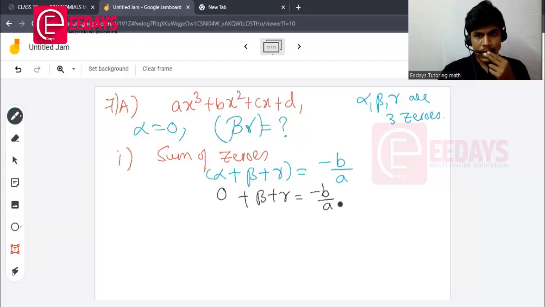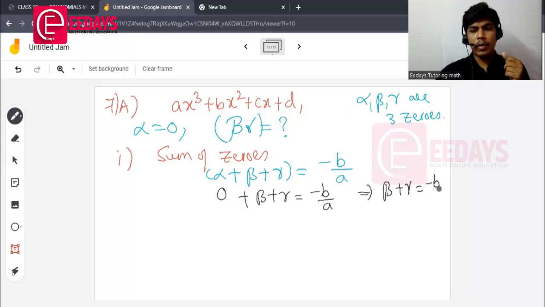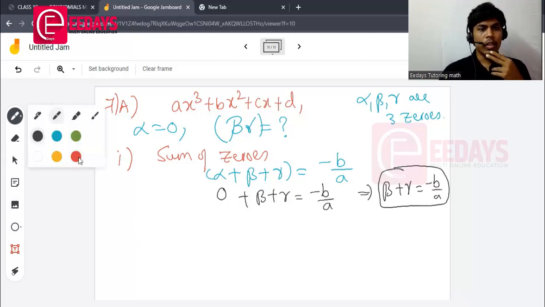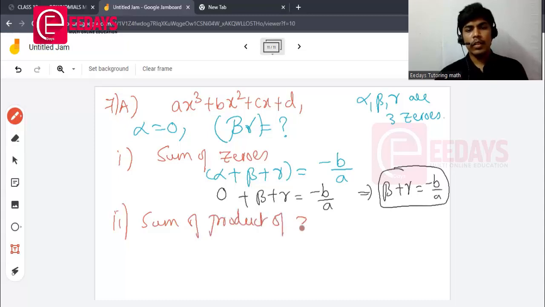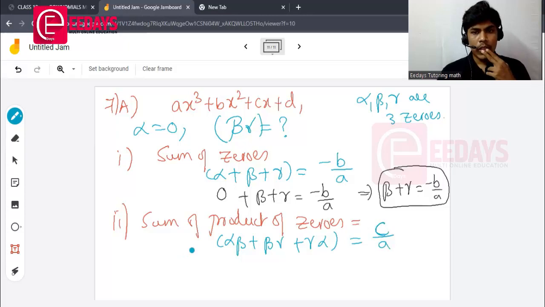Is there any other method? Let's see. Beta plus gamma is minus b by a; keep this to one side. And the sum of product of zeros: alpha beta plus beta gamma plus gamma alpha is equal to c by a.